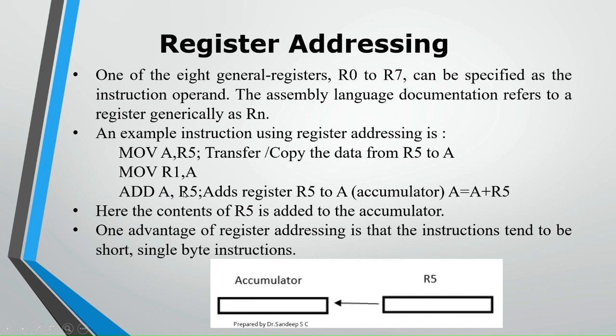Now, one thing we have to remember here: we are transferring the value from R5 to A or A to R1, that is from A to GPR or GPR to A. That is because we cannot directly transfer a value between two GPRs. I cannot write the instruction MOV R1, R5. That would be an invalid instruction. Remember, we cannot transfer data directly from one GPR to another GPR.